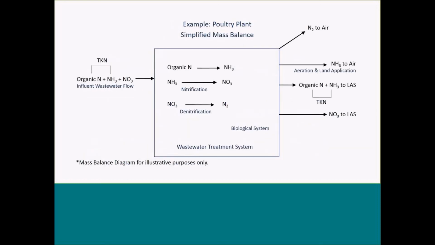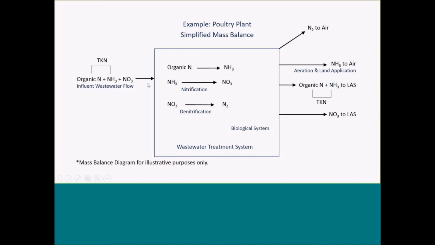So this is just a real simplified mass balance diagram. Let's just say this box represents a biological wastewater treatment system, where I've got some influent wastewater coming in, and nitrogen is present in 3 main forms: organic nitrogen, ammonia, and nitrate.